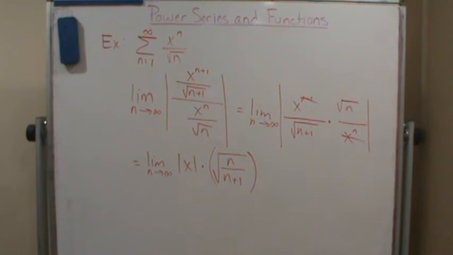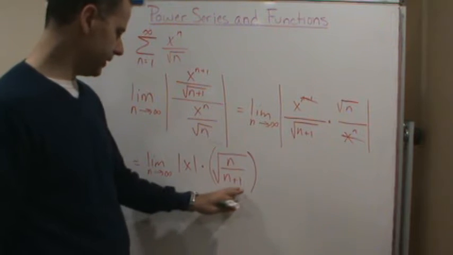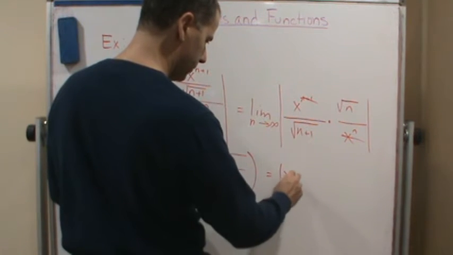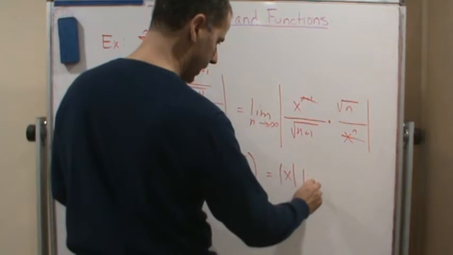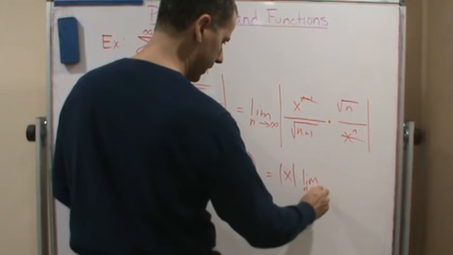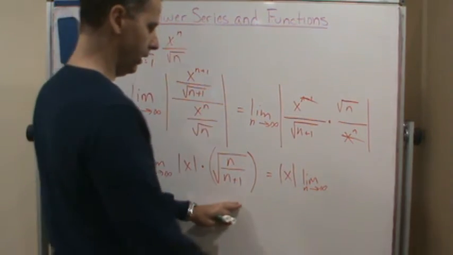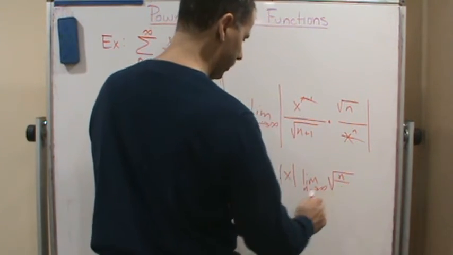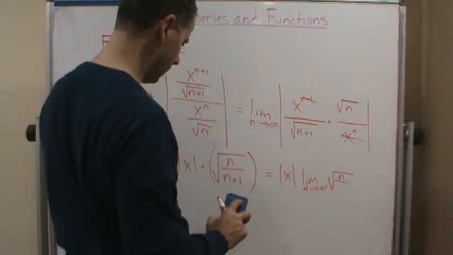Okay, now, what's happening to this thing? Well, this is going to be equal to the absolute value of x times the limit as n approaches infinity of the square root of n over, well, let's split this up.